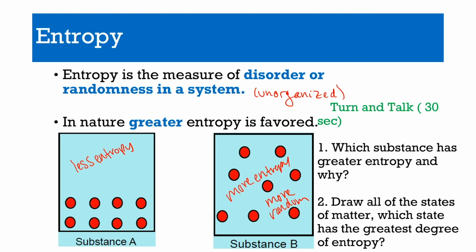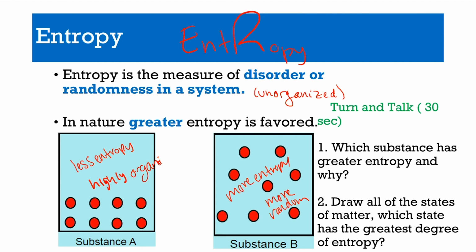Like Ms. Sanchez said, substance A represents something with less entropy because it's very highly organized. If something has high entropy, it's very, very random. Just like with enthalpy, where we made that H big, with entropy we make that R big because that's talking about randomness.